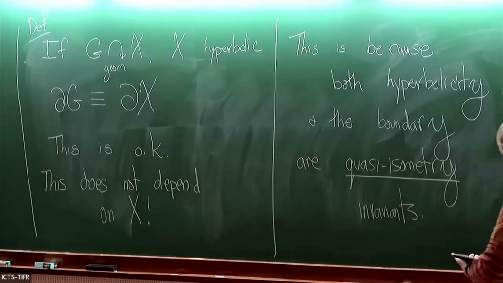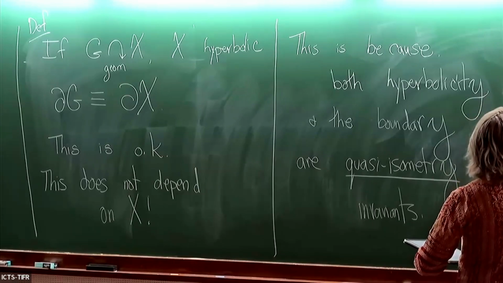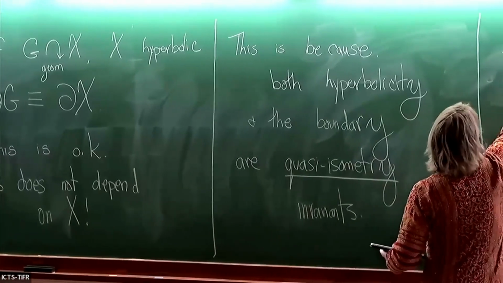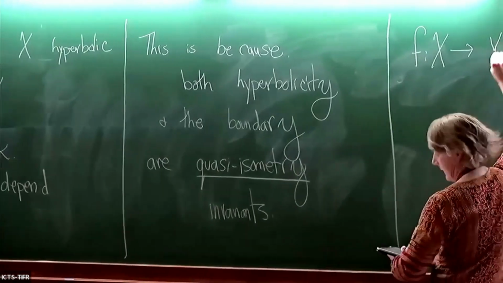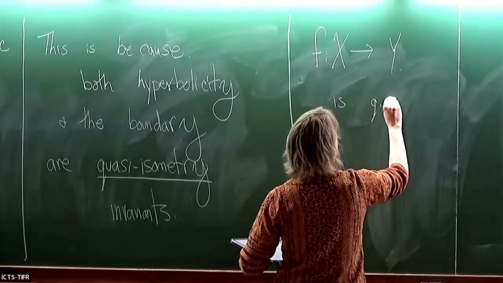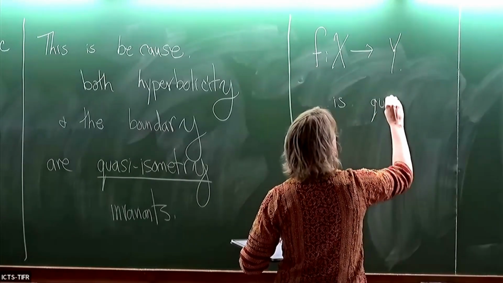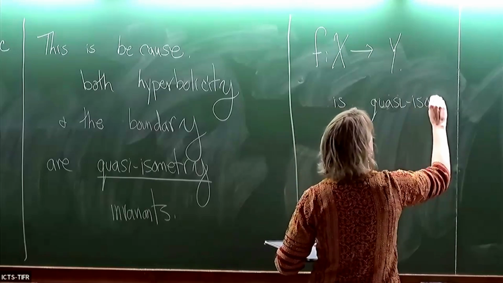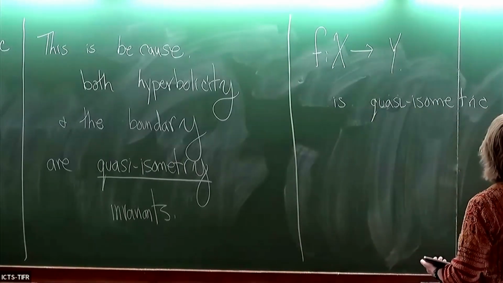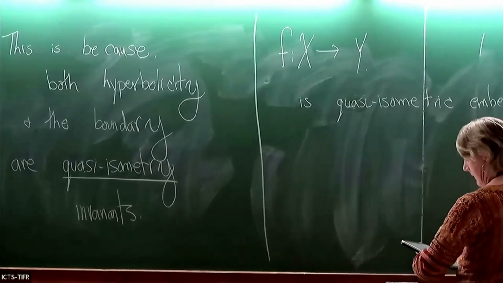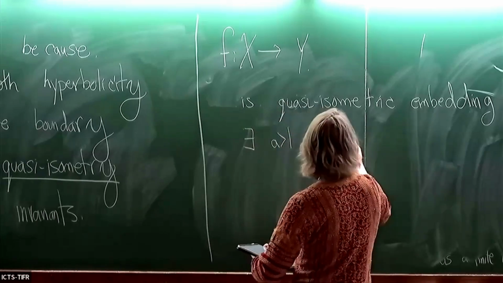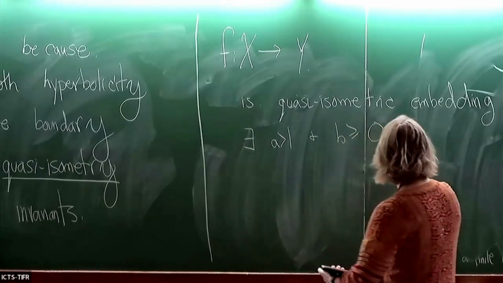So what is a quasi-isometry? Throughout I'm going to have metric spaces. F is a quasi-isometric embedding if there exists an A bigger than 1 and a B greater than or equal to 0.